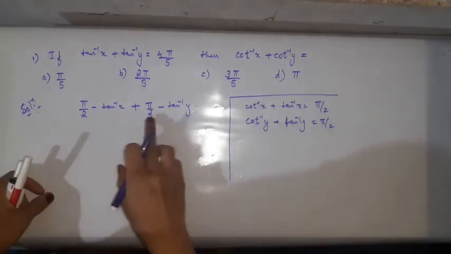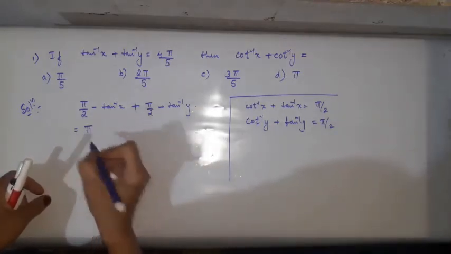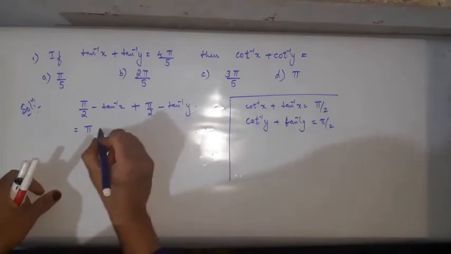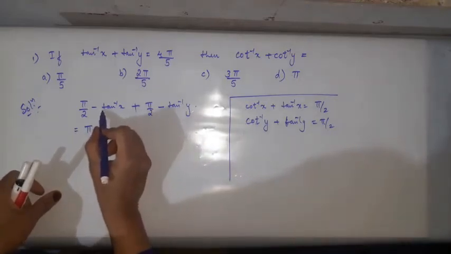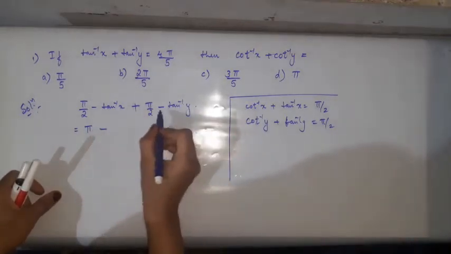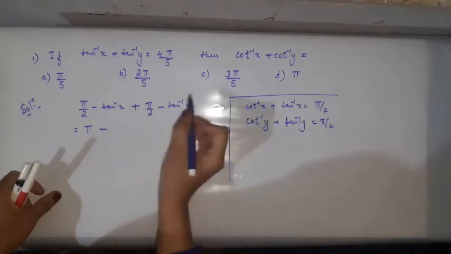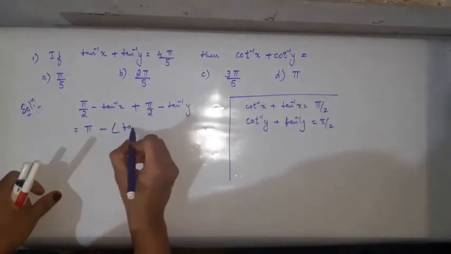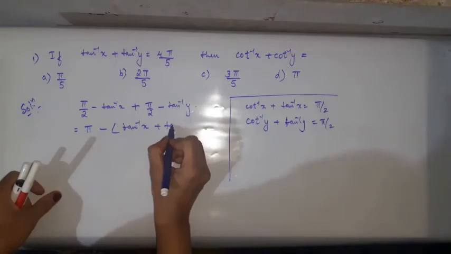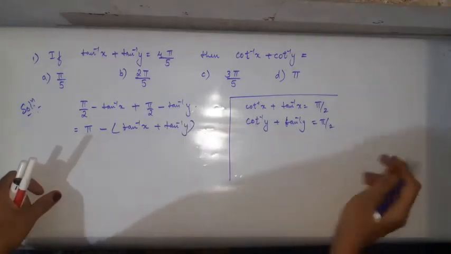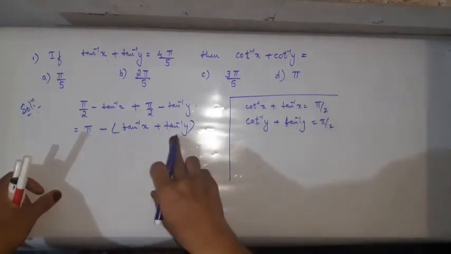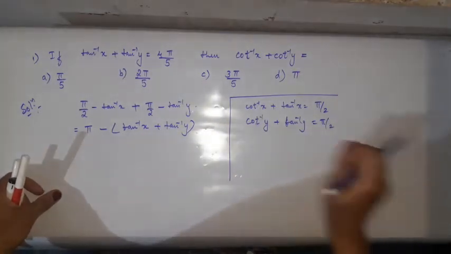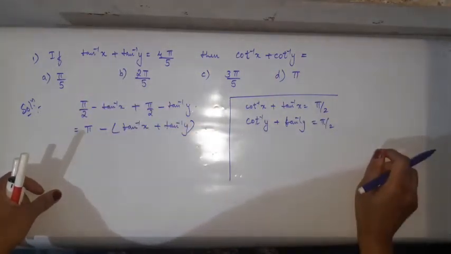Now pi by 2 plus pi by 2 makes it pi. Minus. Now you see that tan inverse x and tan inverse y are both bearing a negative sign. You can take that minus sign outside and you will have tan inverse x plus tan inverse y. Now this tan inverse x plus tan inverse y is given in your question. It's given that tan inverse x plus tan inverse y is 4 pi by 5.